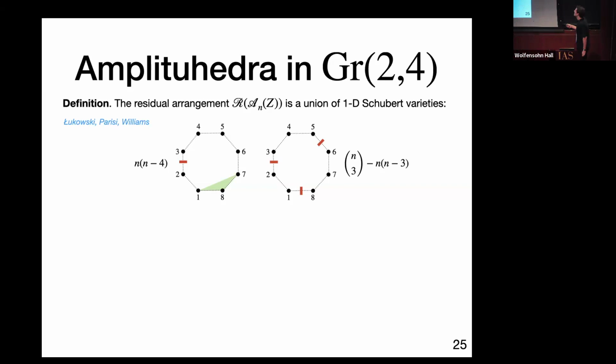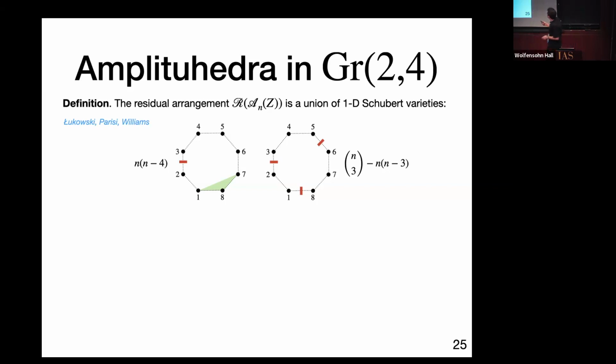So that's a one-dimensional family of lines that actually makes a line in P5 contained in the Grassmannian. And you can choose all such configurations where the red tick is not adjacent to the green triangle. So there's n times (n minus 4) choices for this thing.